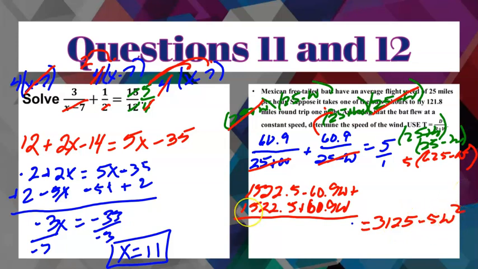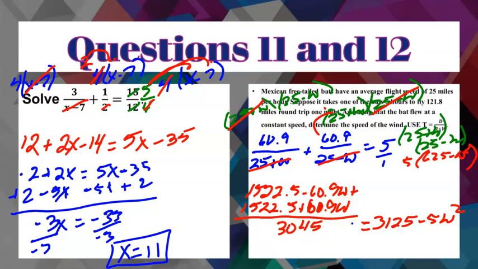And this side, 1522.5 plus 1522.5 is going to give me 3,045, and then the W's cancel each other off.